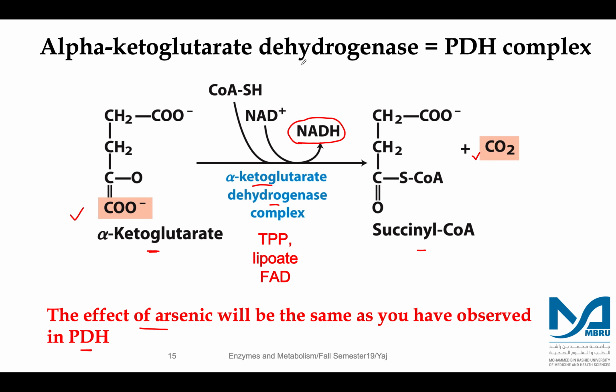So since alpha-ketoglutarate dehydrogenase is an oxidoreductase, there is an oxidation and there is a decarboxylation. So the alpha-ketoglutarate dehydrogenase complex catalyzes the oxidative decarboxylation of alpha-ketoglutarate to succinyl coenzyme A.